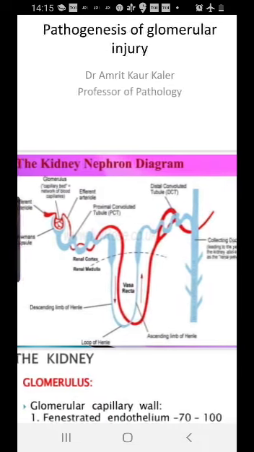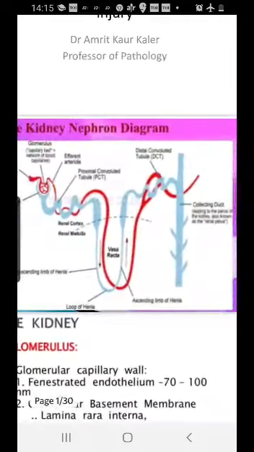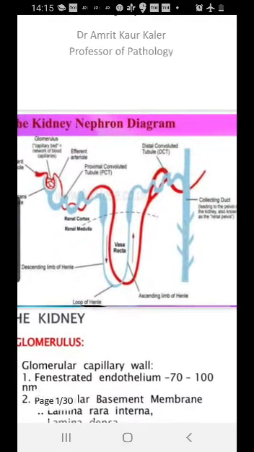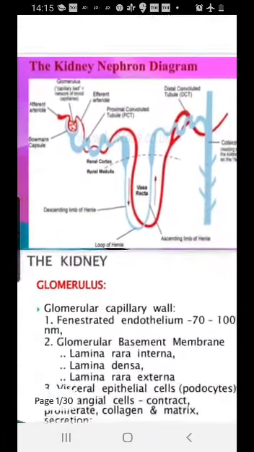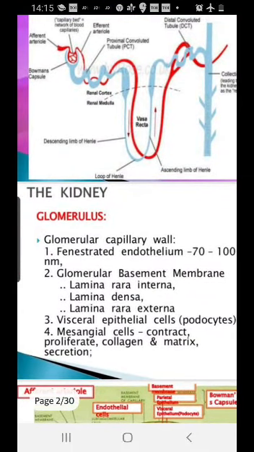Now this Bowman's capsule is then continued as the PCT, the proximal convoluted tubule, then as the distal convoluted tubule, and then it ends into the collecting ducts. So basically this is the normal histology, but what is important is to understand the glomerular capillary wall.